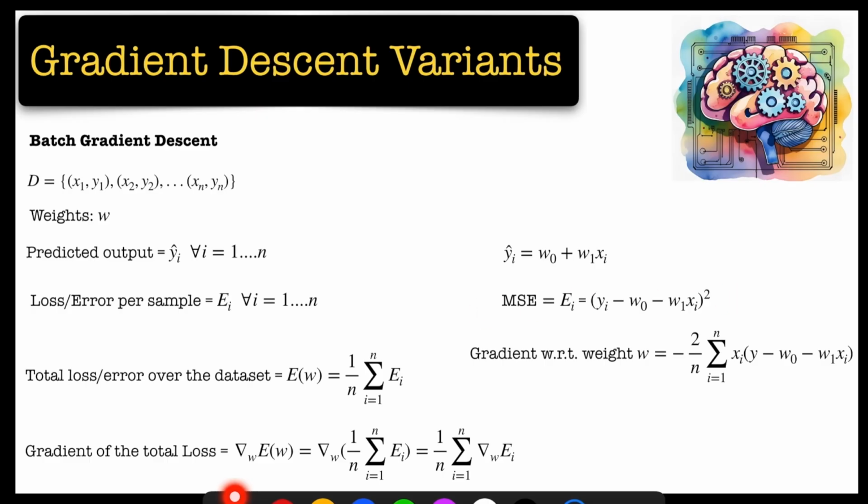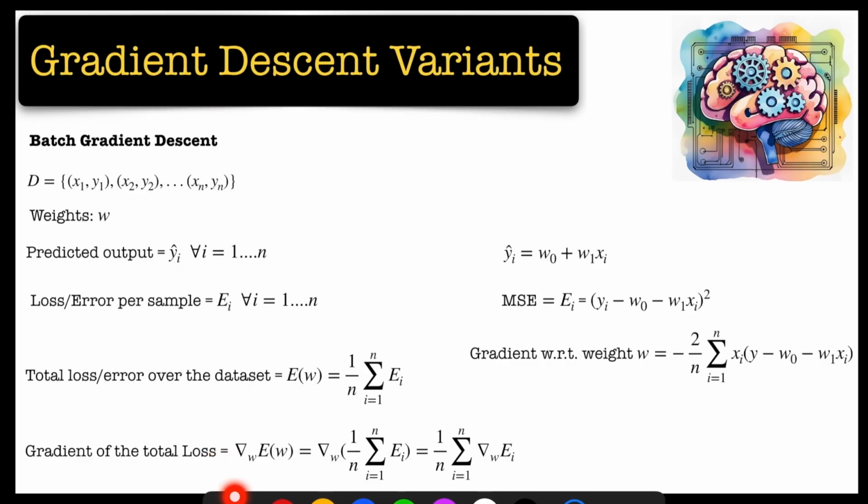How do we calculate the gradient of this loss or error function? The loss or error per sample is Ei. The total loss or error over the data set will be the summation of all the errors.